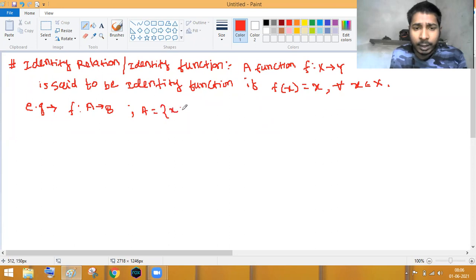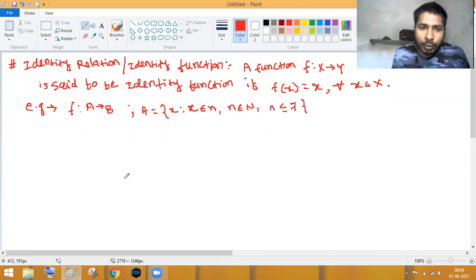It is the collection of x such that x belongs to natural numbers, x equals small n, and n belongs to natural numbers, and n is less than or equal to 7. So from here, if you define the set A, then it will be 1, 2, 3, 4, 5, 6, 7.